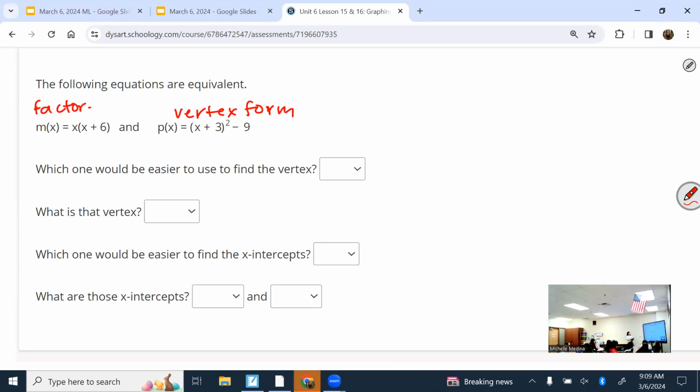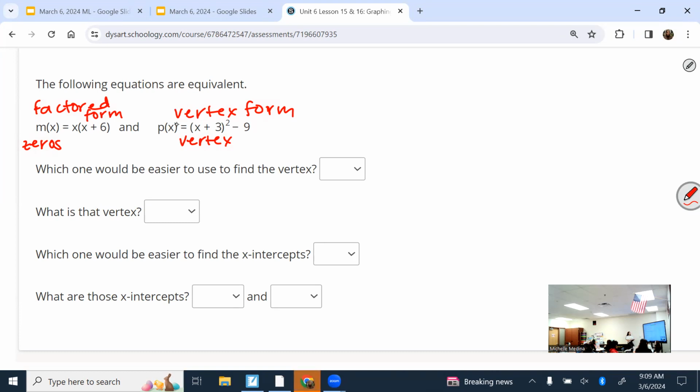There's pros and cons to each form. So in factored form, what's really easy to see is the x-intercepts. So in this one, I can easily see my zeros. In vertex form, it's really easy to see the vertex. That's why we call it vertex form.